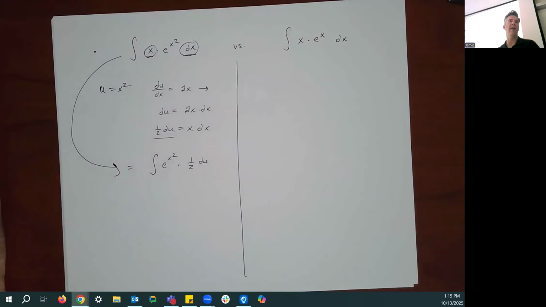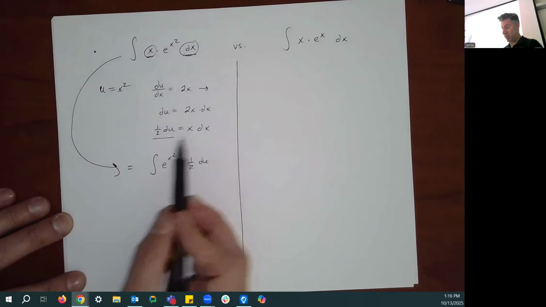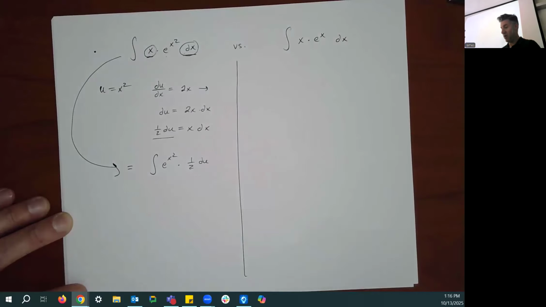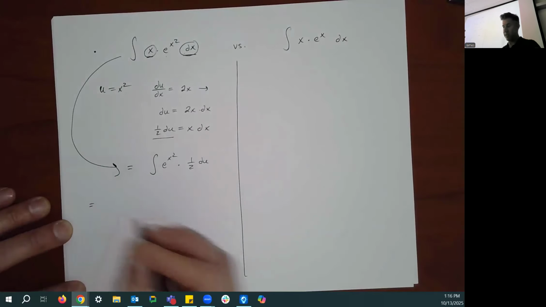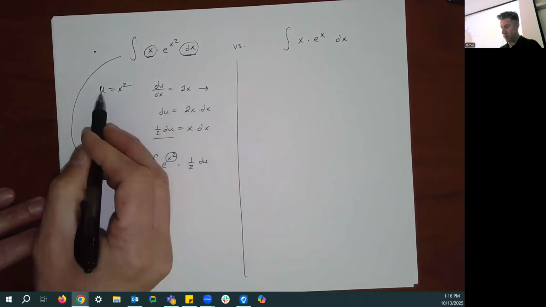I probably wouldn't usually write that, but I just want to show you that we're replacing the x dx with exactly what it's equal to, everything else, e^(x^2), staying just as is. And now we're going to continue translating it to u, and my x squared is exactly what u is equal to.